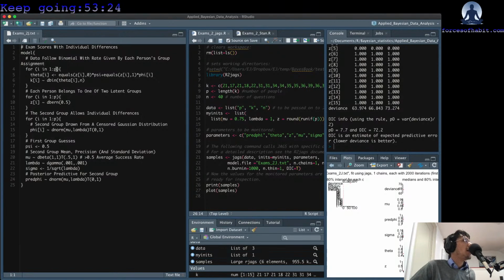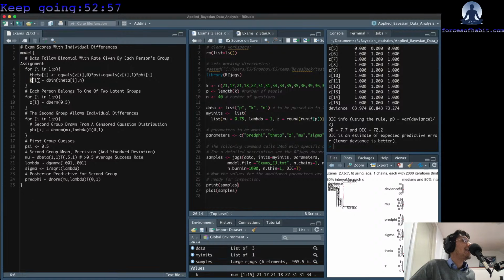For each person, our success rate: if z sub i is 0, then multiply it by psi. If z sub i is 1, multiply it by phi for a given i, for a given person.